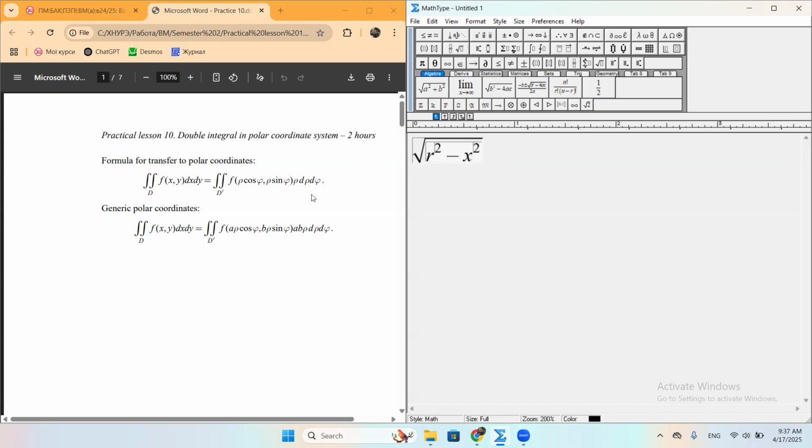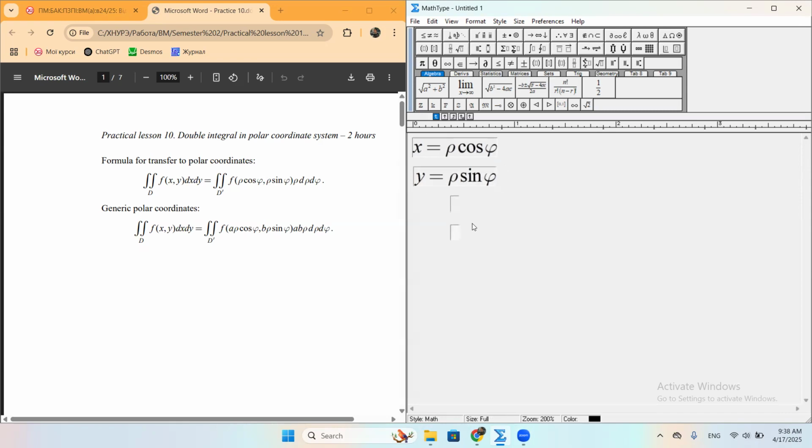So transferring to polar coordinates simplifies this task by the following formulas: x equals rho cosine of phi, and then y equals rho sine of phi.